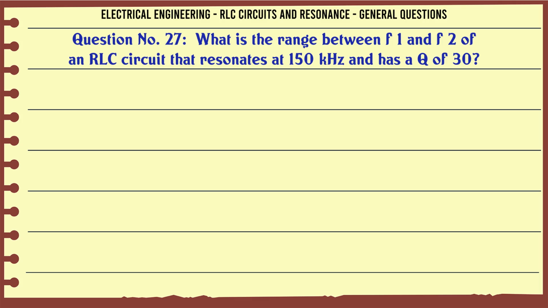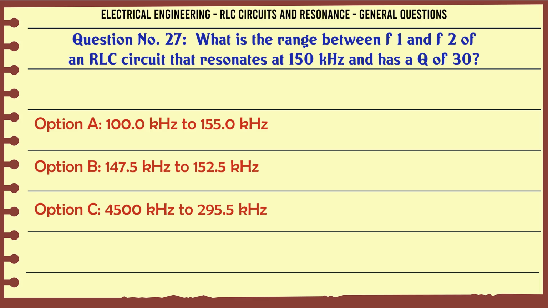What is the range between F1 and F2 of an RLC circuit that resonates at 150 kHz and has a Q of 30? A. 100.0 kHz to 155.0 kHz. B. 147.5 kHz to 152.5 kHz.